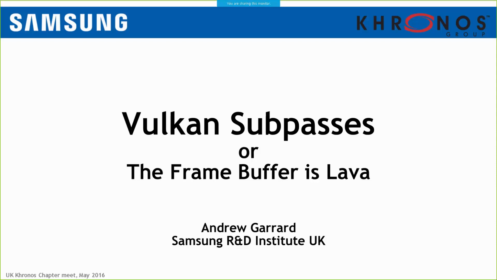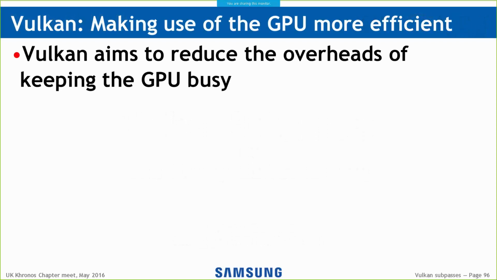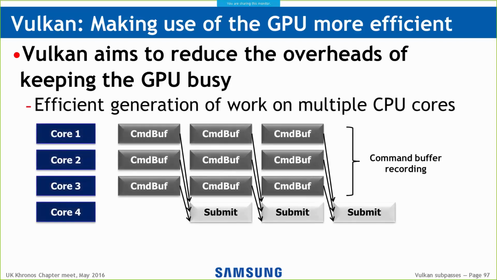Okay, so framebuffers. We've heard a lot about, generally speaking with Vulkan, the way that it's intended to make use of the GPU more efficiently from the CPU's perspective. As Michael was saying earlier, we have ways of generating lots of work using multiple GPU calls, writing to separate command buffers.